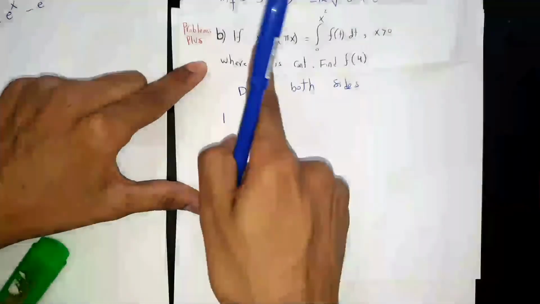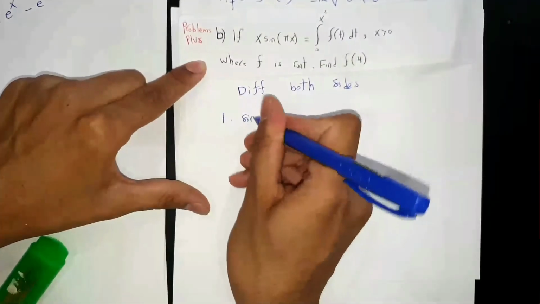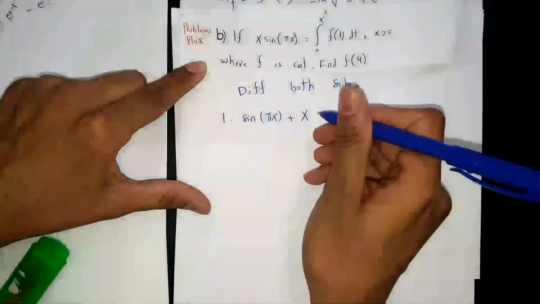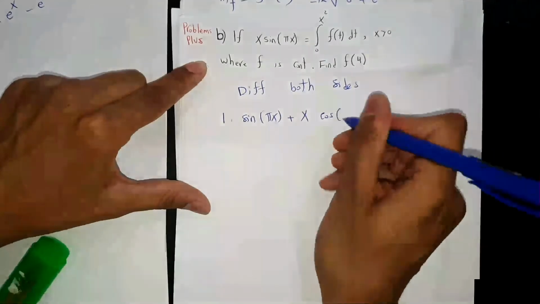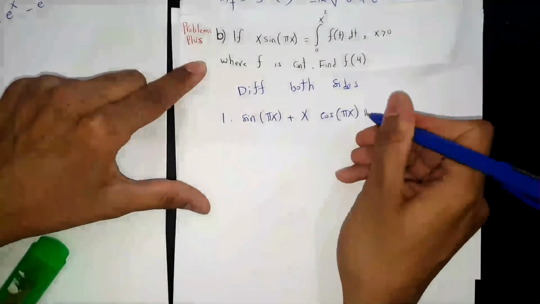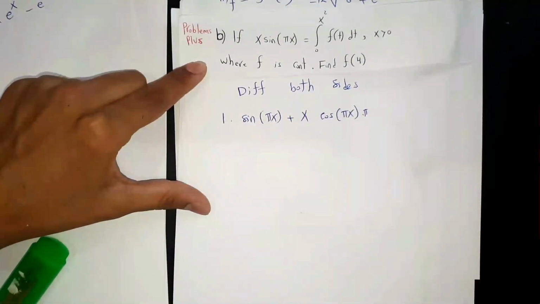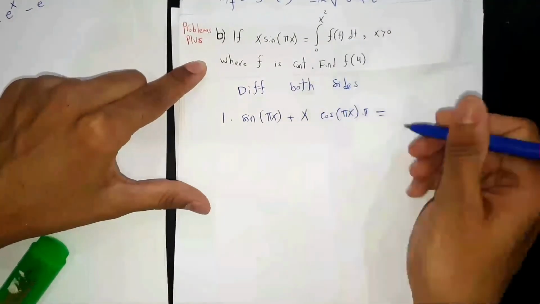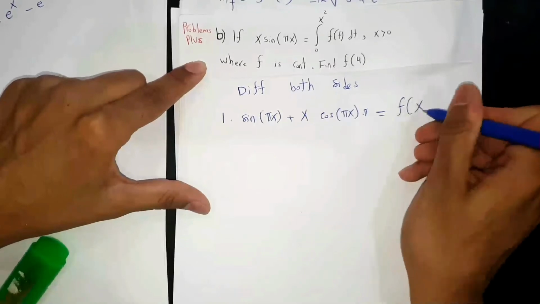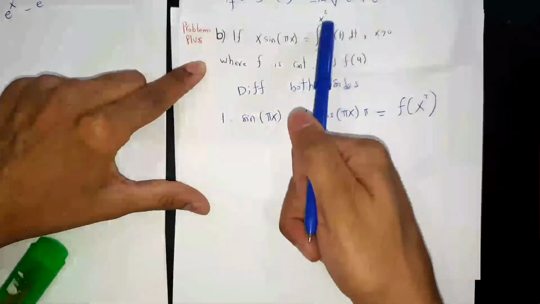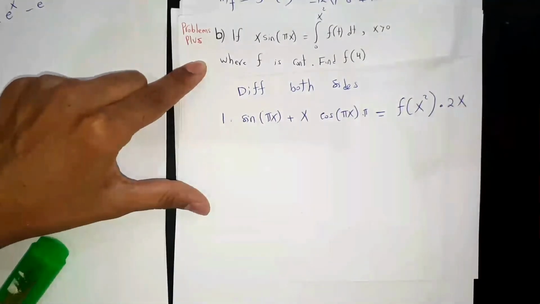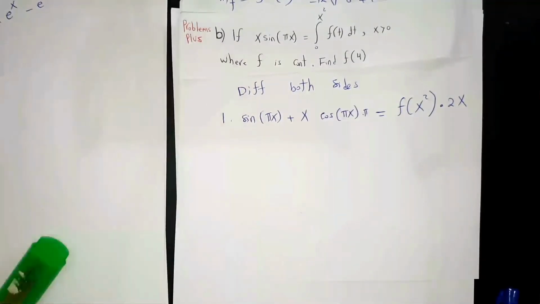Using the product rule, differentiate the first, keep the second one, plus the other way around. Keep the first, differentiate the second one, which will be cosine pi x, and do not forget to multiply by pi, which comes from the chain rule. I hope you remember this. Equal, the derivative of this, we learned it today, it will be f of x squared. We substitute, then do not forget to differentiate the upper function, which is what? Which is 2x.